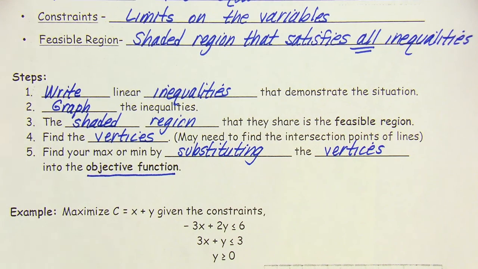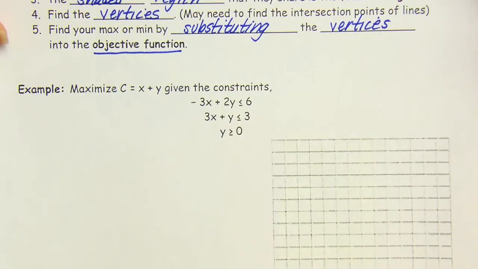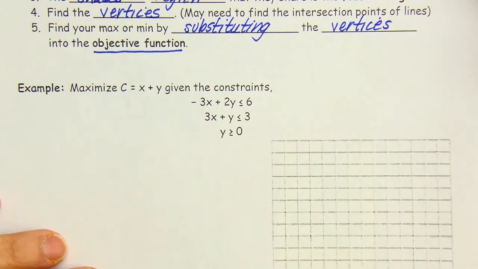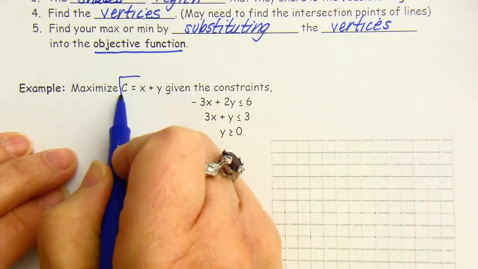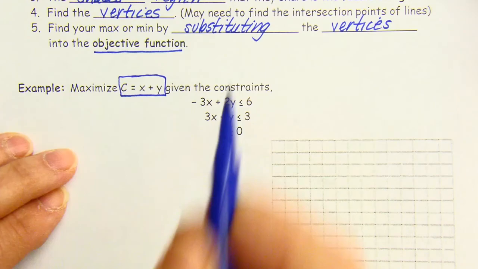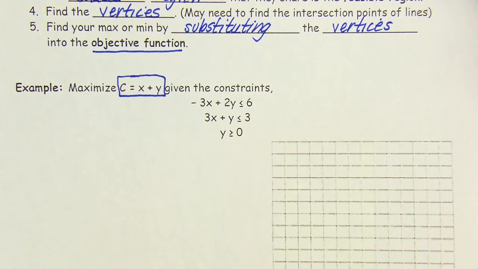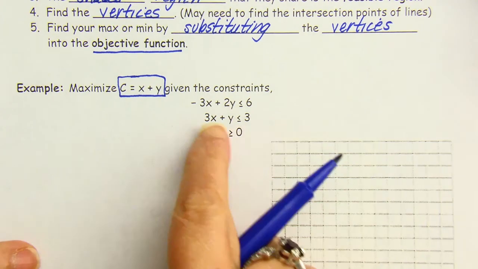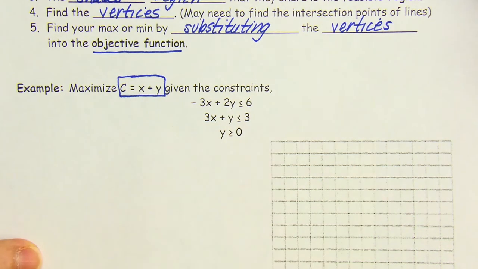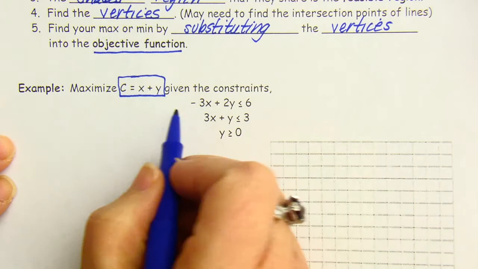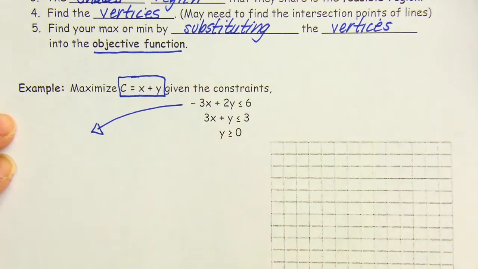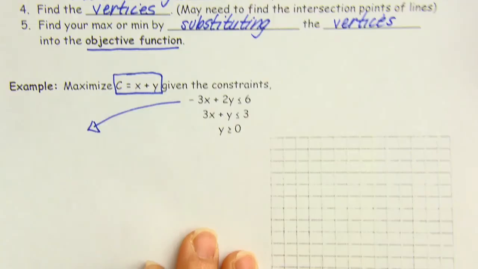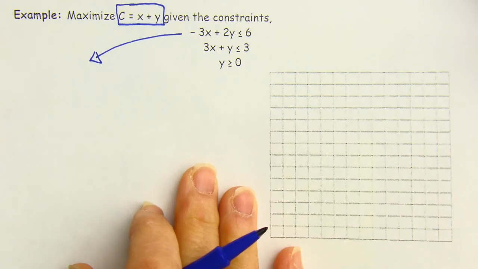All right, so for example, we're going to maximize this objective function. C equals x plus y. C typically means cost. All right, given these constraints, and here is the system. So for the first one, we're going to solve it for y so we can easily graph it.